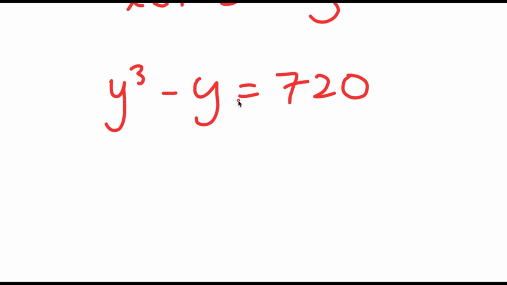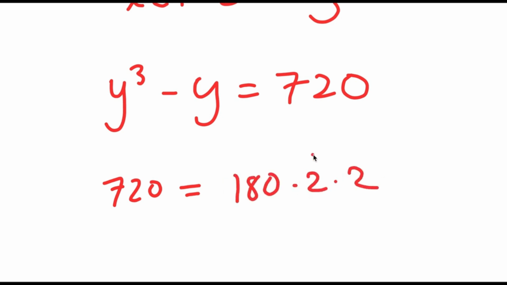To do that, what I'm going to do is rewrite 720. So 720 is the same thing as 360 times 2. And 360 is the same thing as 180 times 2.